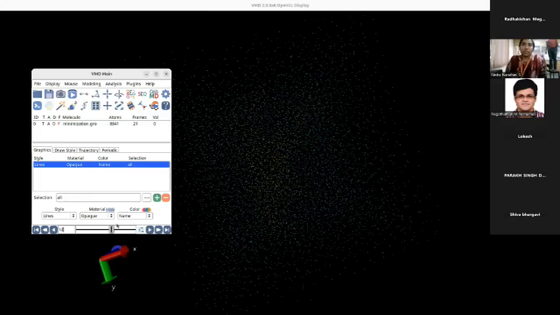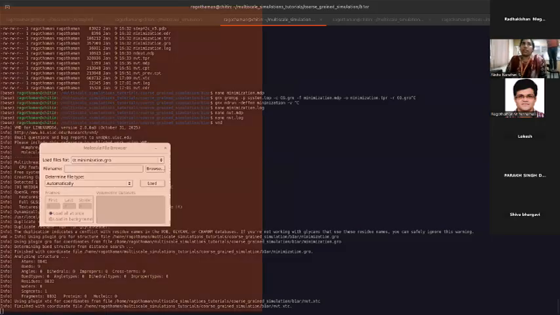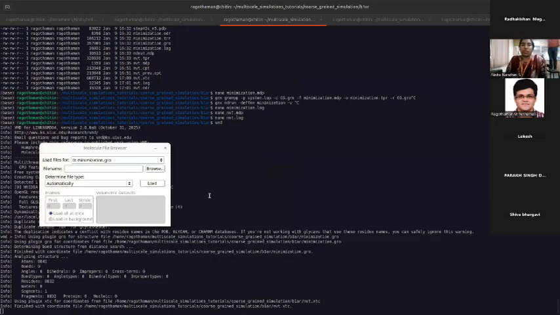In a similar way, we can also run the NPT simulation, which is carried out at constant number of particles and constant pressure conditions. Finally, we can set up the MD simulation, and in the MD simulation, we can generate all the plots for detailed analysis.